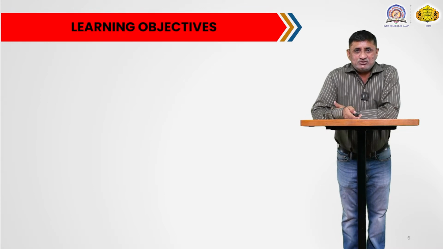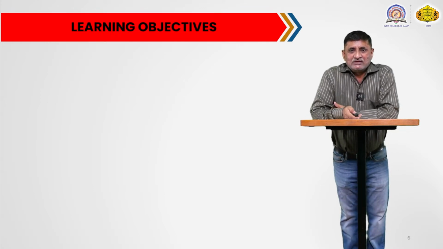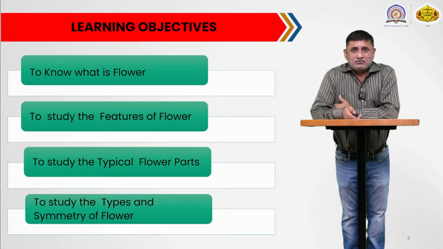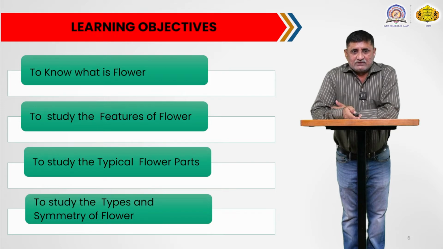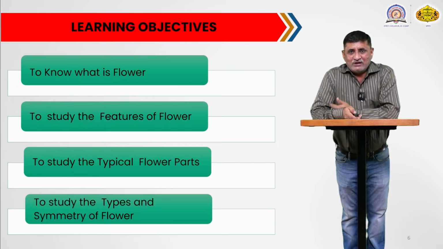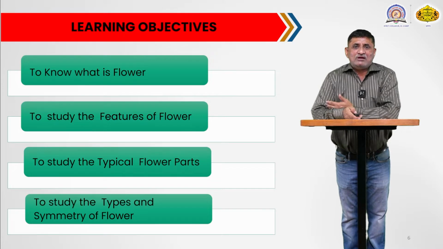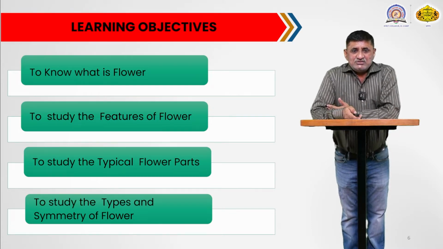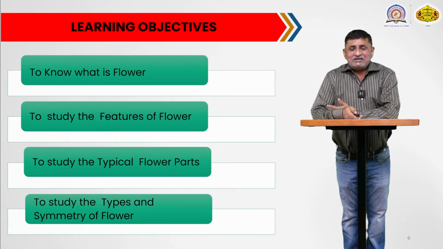What are the learning objectives of our today's video? The learning objectives are to understand what is meant by flower, how we can define the flower, and what the uses of flower for the plant are. Then another objective is to study the features of flower, meaning the different kinds of flowers we see in nature, of different size, different shape, different color.